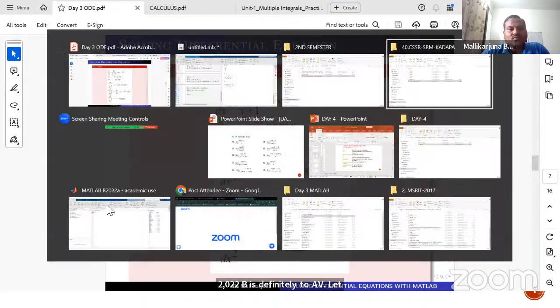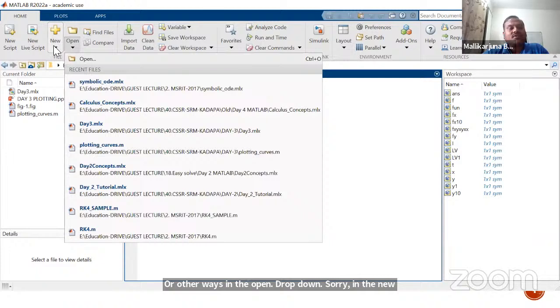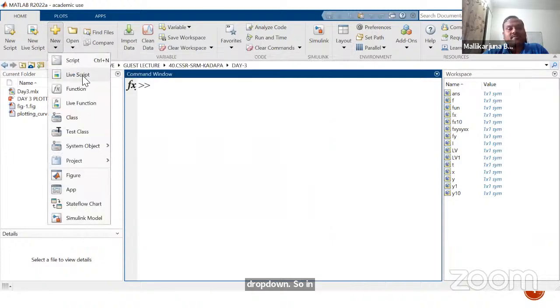Let me show you where you can get that. The top left, first one is a new script, the second one is a live script. Or otherwise in the new drop down, you can check live script. In the new drop down you check the live script. You can choose either one and open the live script. That is your wish.